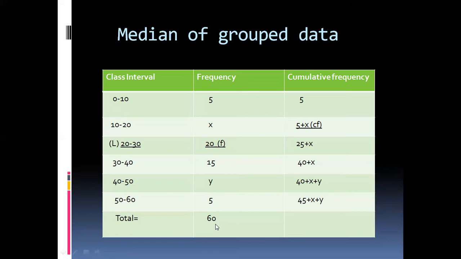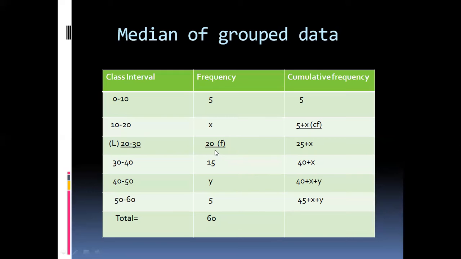Now here the n value, that means the total frequency, is given as 60. 60 by 2 you do, that is 30. In which cumulative frequency does 30 fall? 30 is nearer and more to this cumulative frequency, 25 plus x. So underline this complete class interval and frequency.